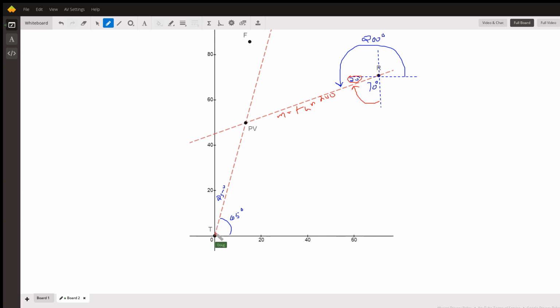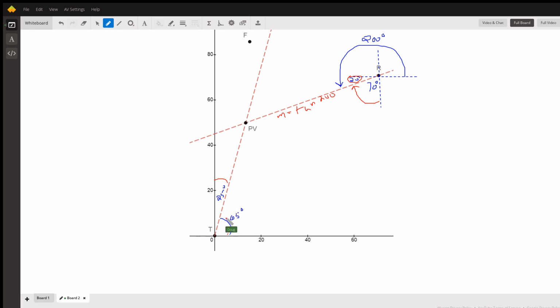And similarly down here, we're told that Pretty Valley is north 25 degrees east of Tower T, which means this is a 65-degree angle, which means the slope of this red line is the tangent of 65.